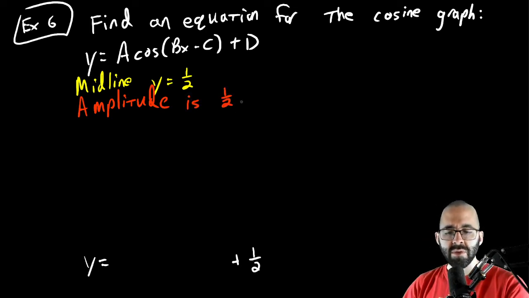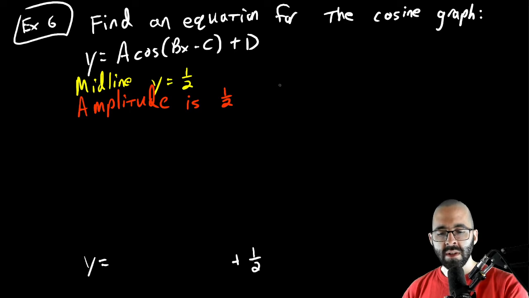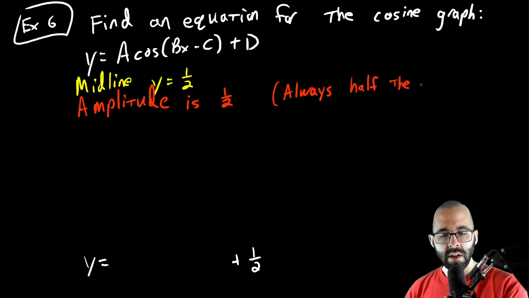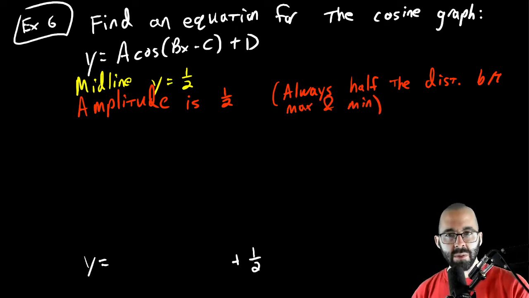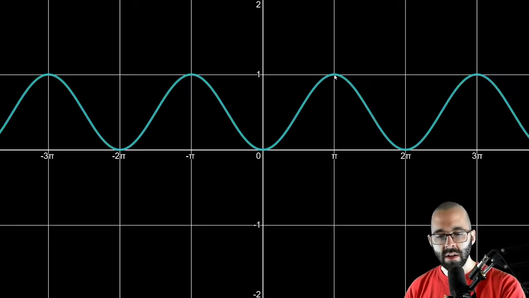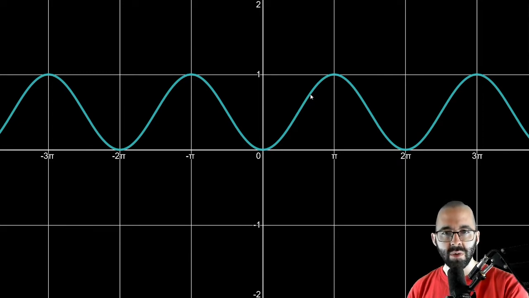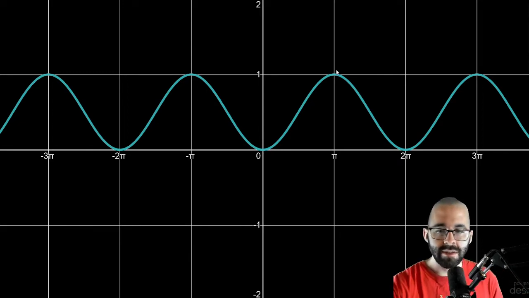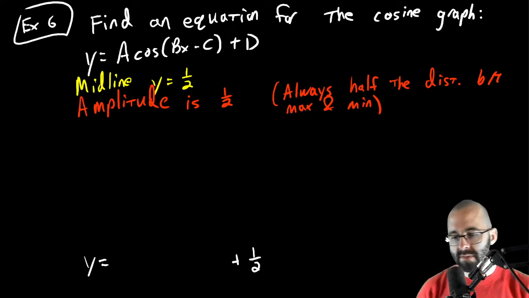We didn't mention this before, but another way of finding the amplitude, right, is it's always half the distance between the maximum and the minimum. That's another way of finding the amplitude. So here the maximum is 1 and the minimum is 0. So that distance is positive 1. What's half that distance? 1/2.